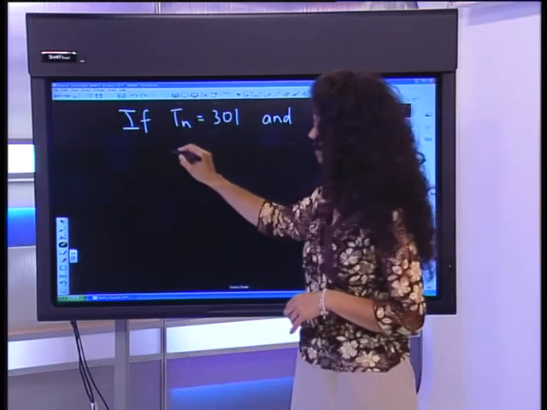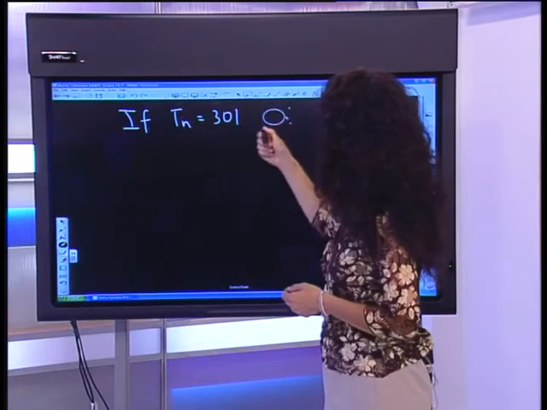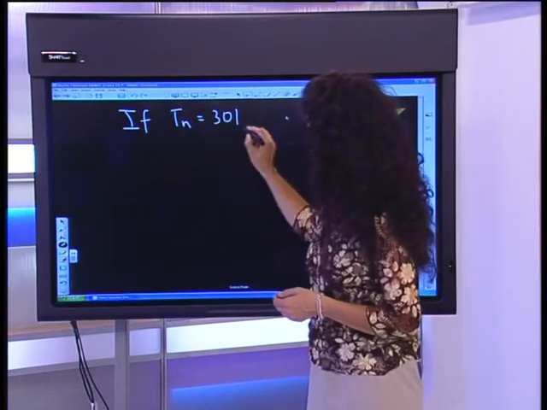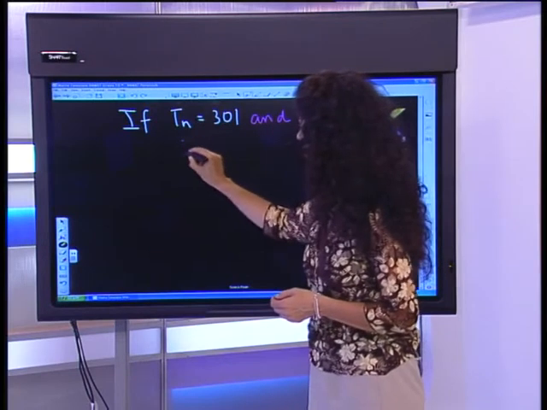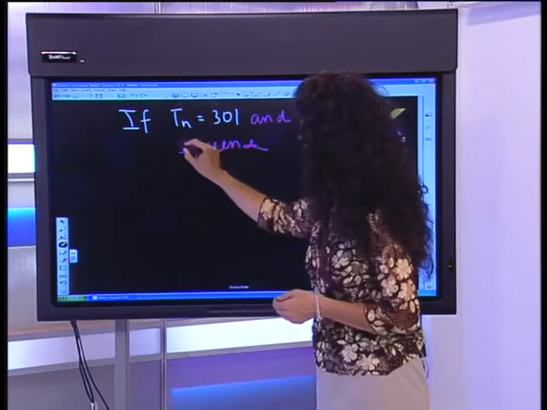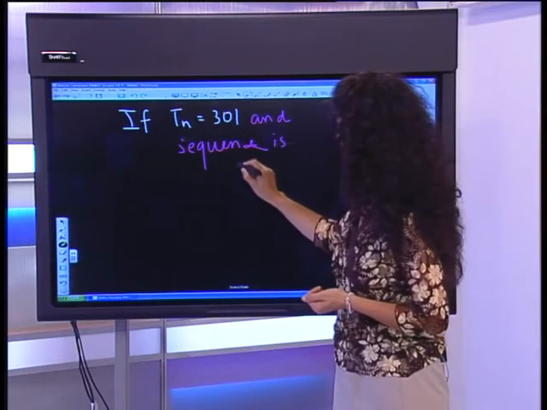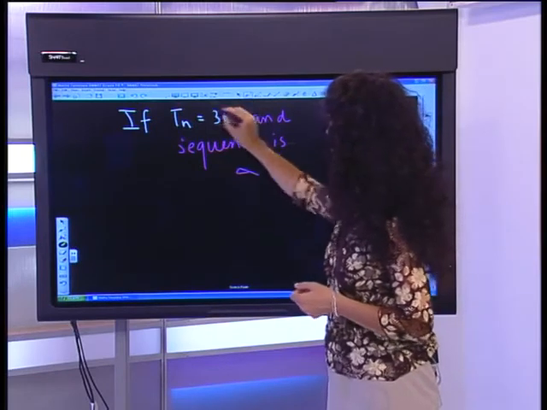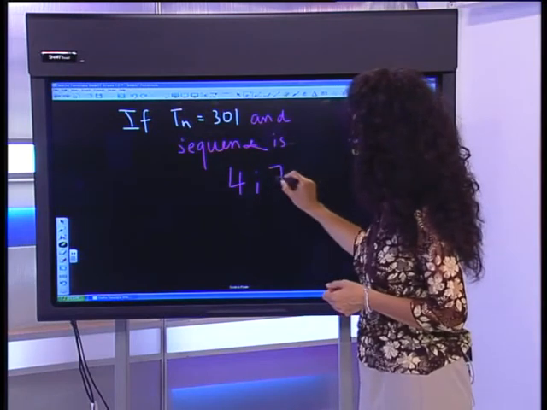Let's just do this. Let's erase that. If Tn is equal to 301, and we've also got that the sequence is, let's make it 4, 7, 10.